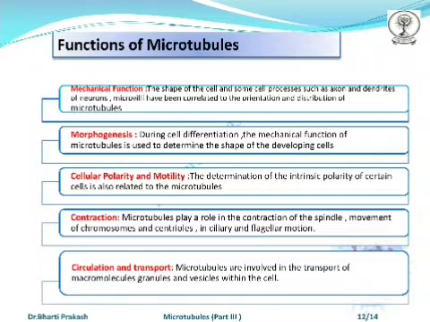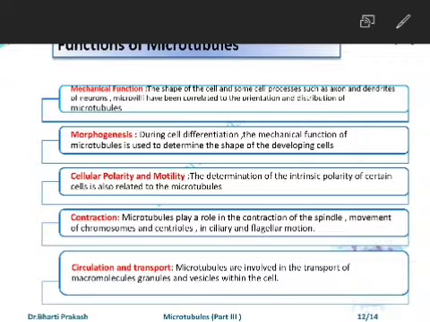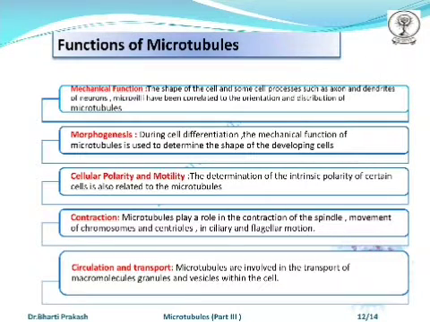Now we come to the functions of the microtubules. The first and foremost important function of microtubules is the mechanical function. The shape of the cell and the cell processes such as the axon and dendrites of neurons and the microvilli have been correlated to the orientation and distribution of microtubules.